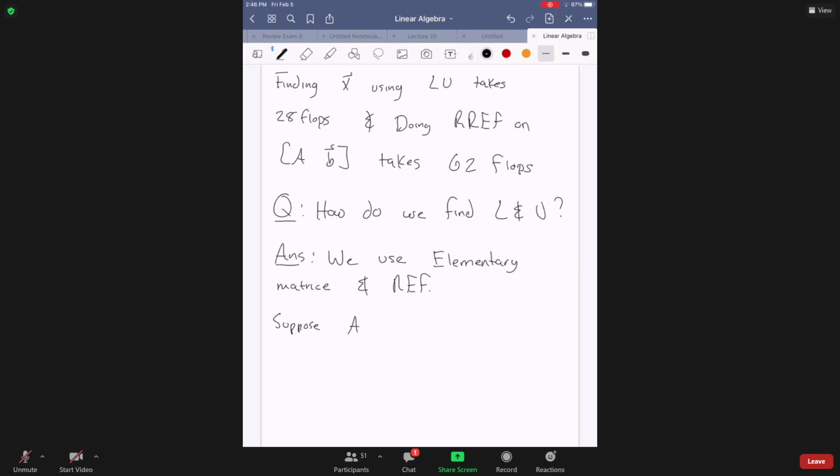Okay, so suppose A is reduced to REF, but I have to pose a new condition. I can only use adding multiples of rows to each other. I can't use any of the other two, so I'm only allowed that one.